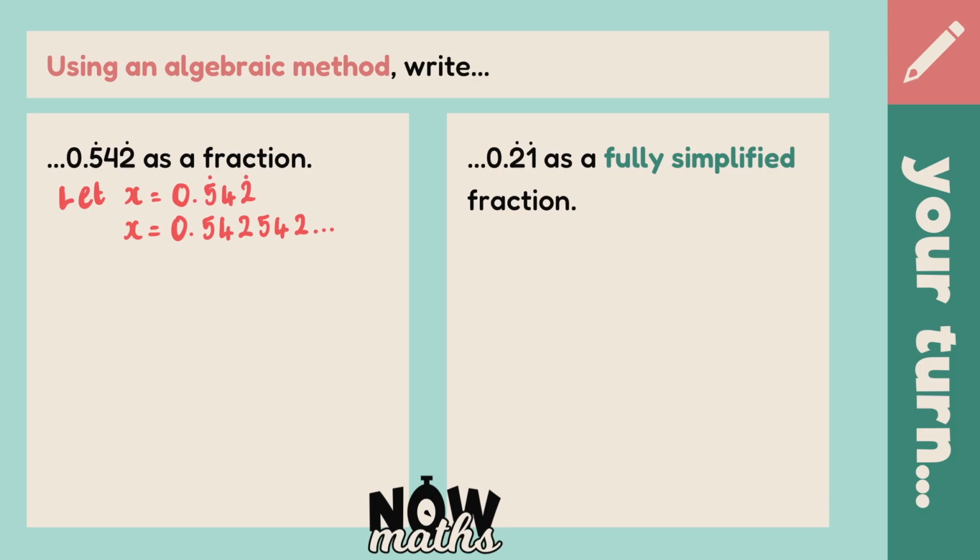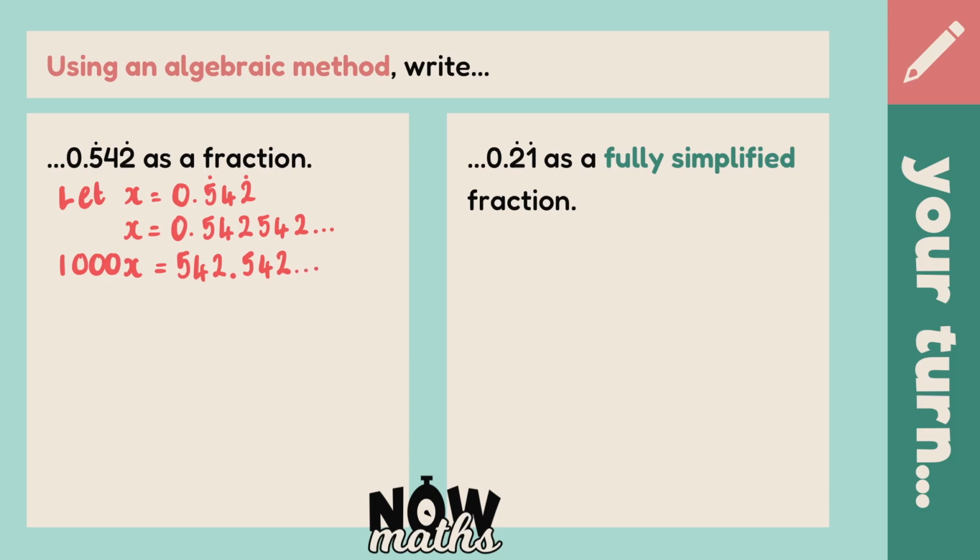So if I multiply x by 1000, I'll get 1000x. And if we multiply 0.542 recurring by 1000, the digits shift 3 places over, so we get 542.542, 542, and so on.